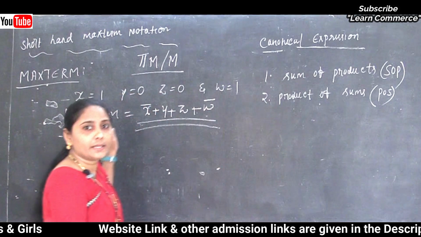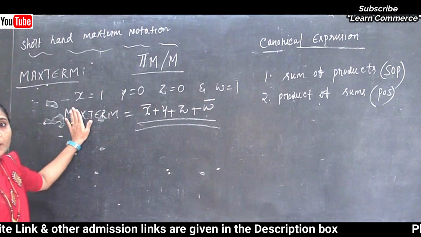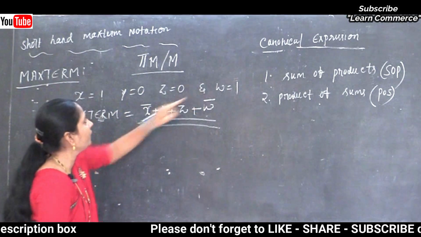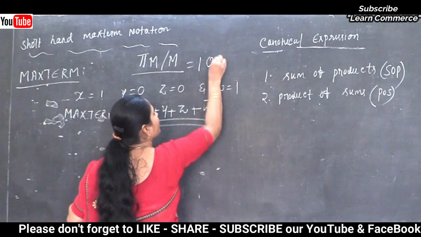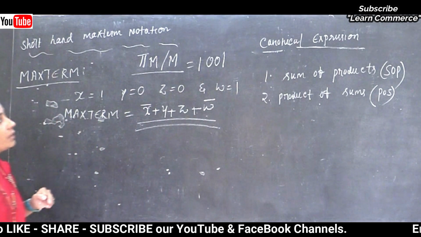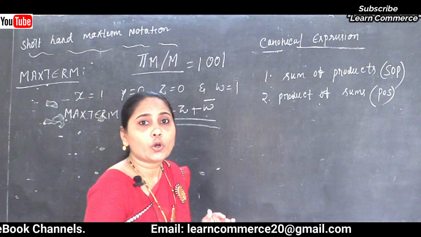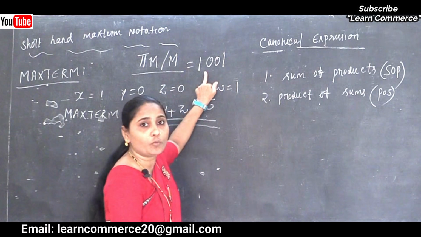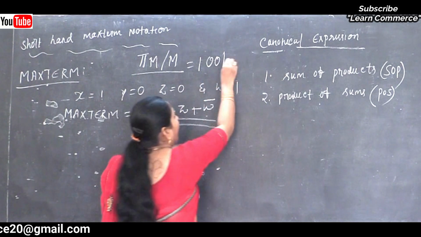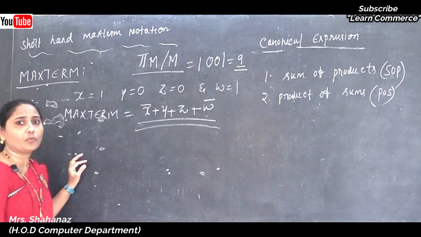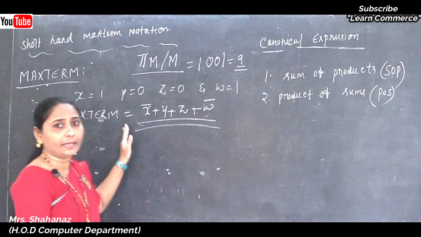Okay, and in this example, the Maxterm value is 1001. The value is 1001, or we can say these are all the input combinations. So for the value 1001, the result should be 9. Is this point clear? For 1001, the result is 9.